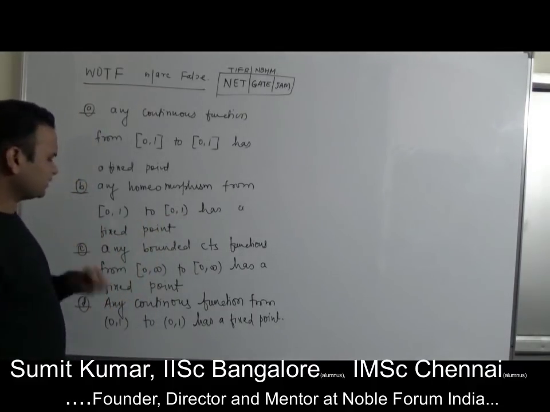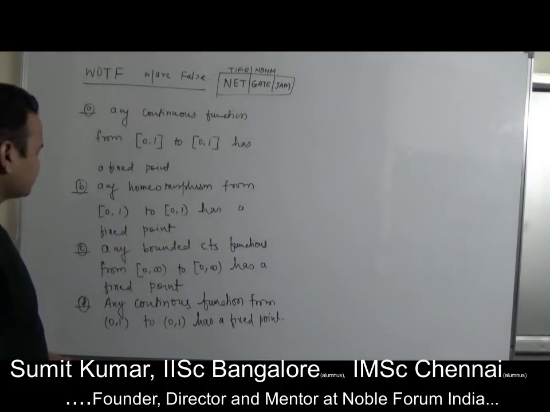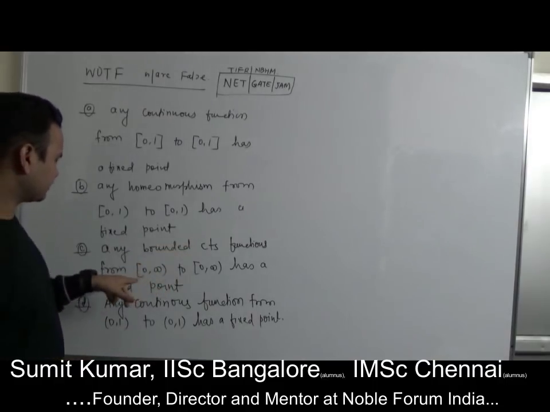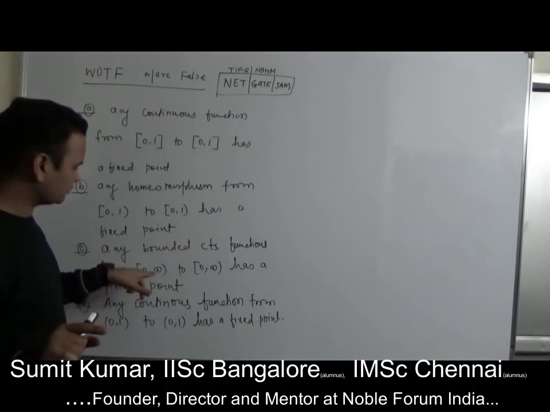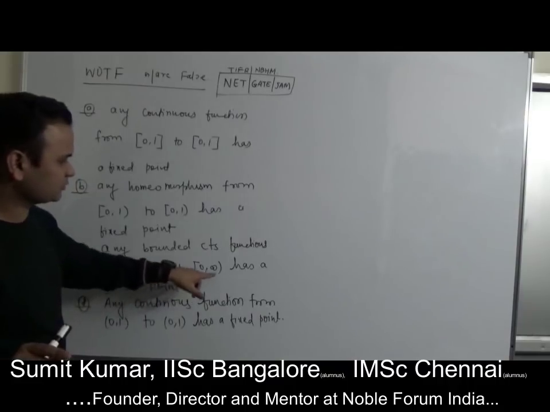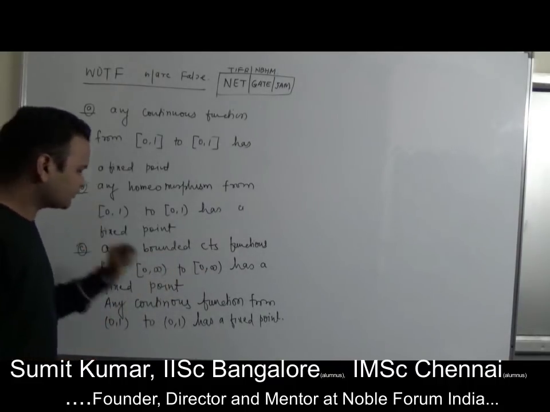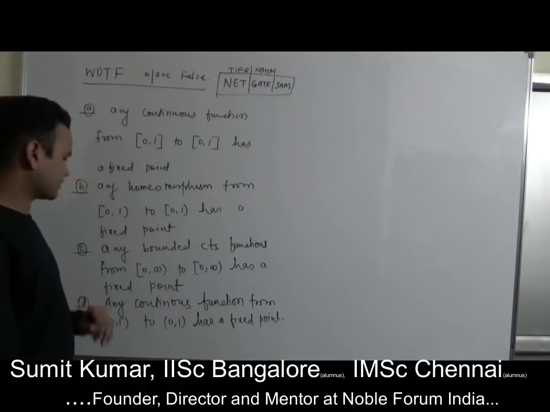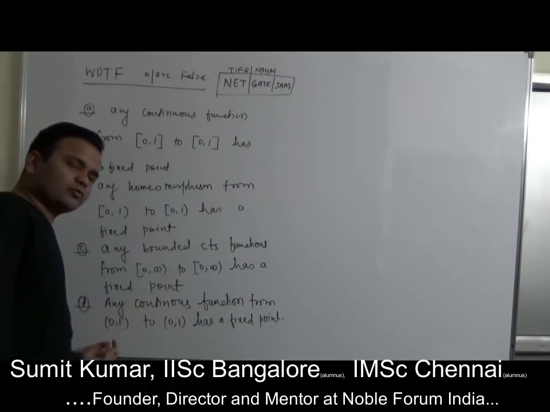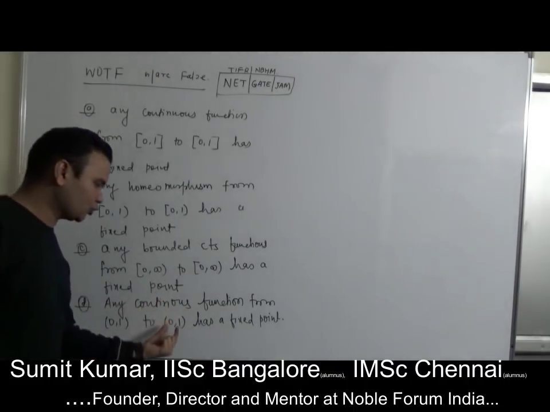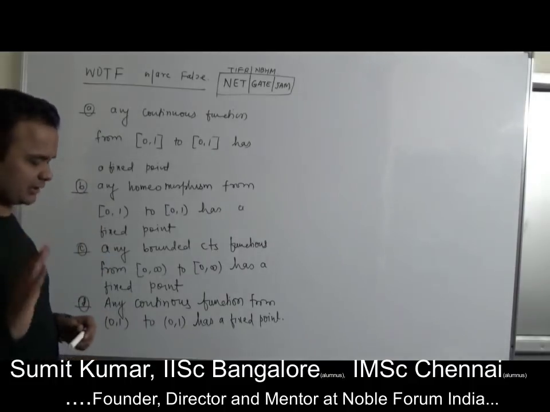Third: any bounded continuous function from [0,∞) to [0,∞) has a fixed point. And the last option: any continuous function from the open interval (0,1) to the open interval (0,1) has a fixed point.